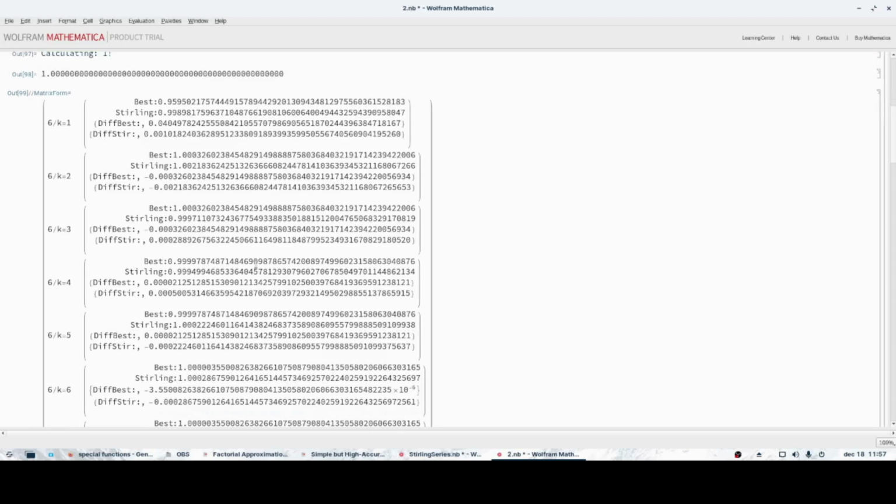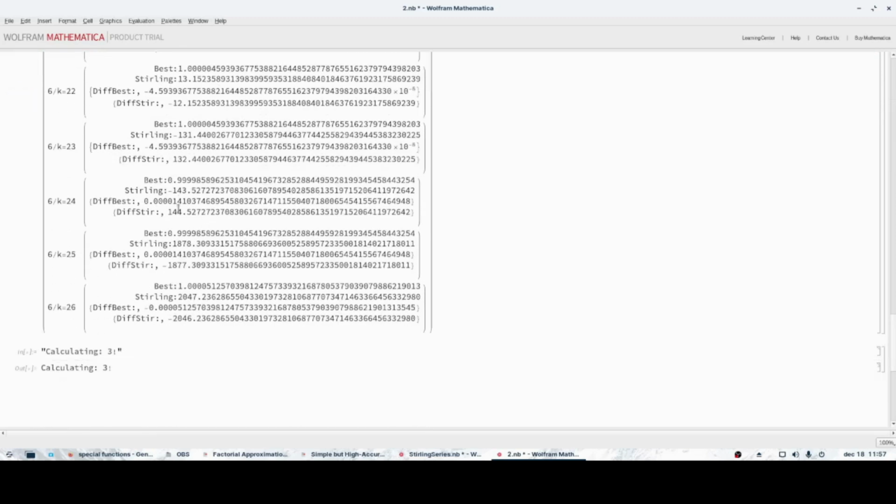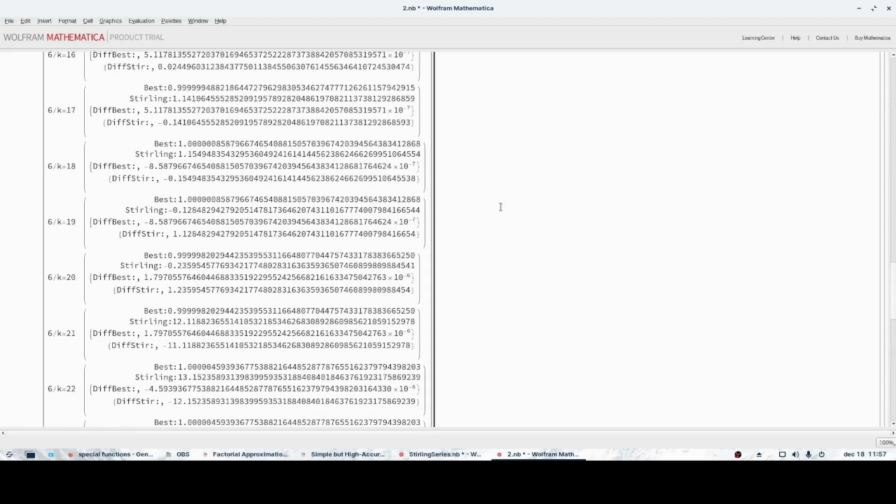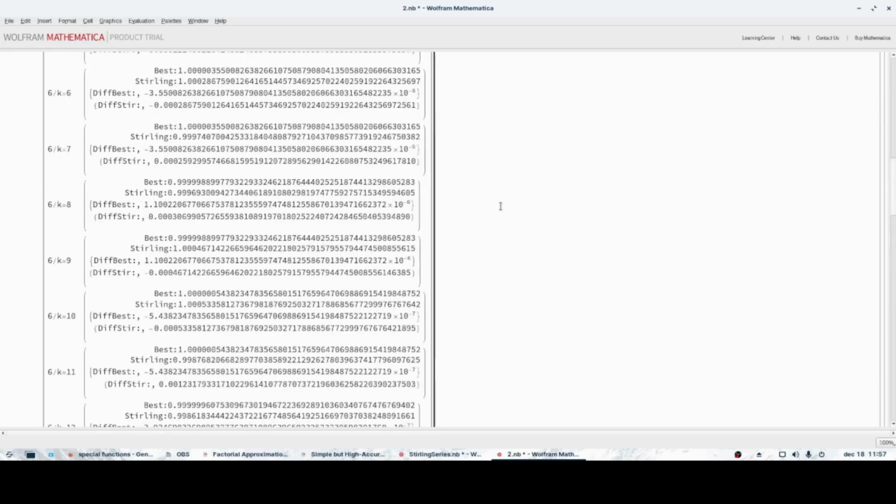And if you compare with my formula, even after 7, it's very accurate. The difference is 5 decimal places. 10 to the power of minus 6 means that 5 decimal places are approximated.